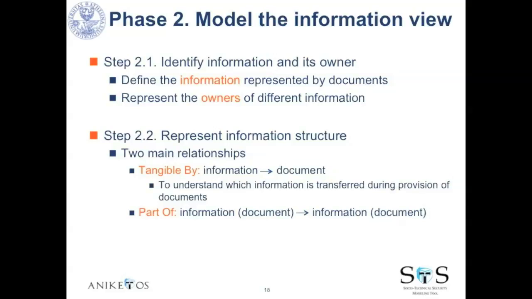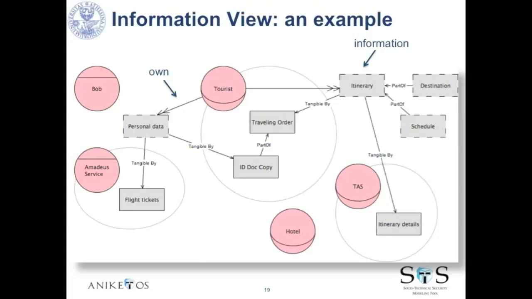Okay, I'll show here the information view. So we have captured the different information that is contained in the documents that were represented in the social view. For instance, the tourist owns his personal data, and the personal data is the information that is made tangible by ID document copy, which could be the tourist's passport, say, or a copy of his ID card.